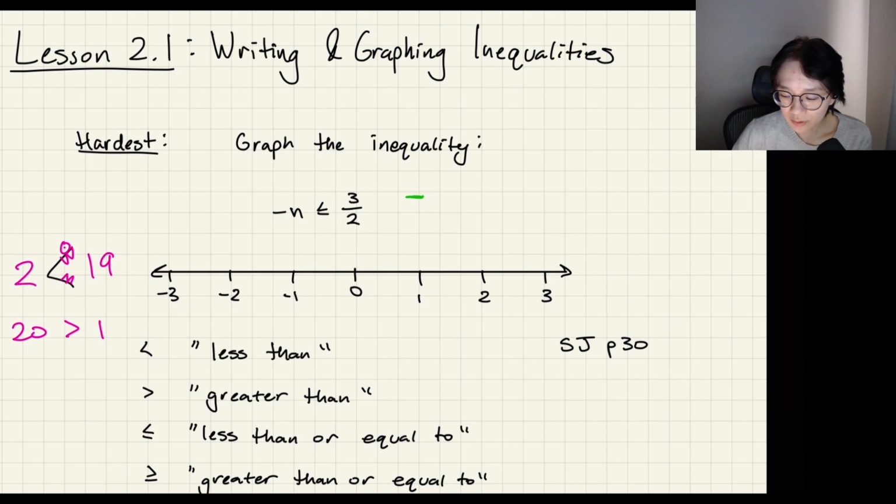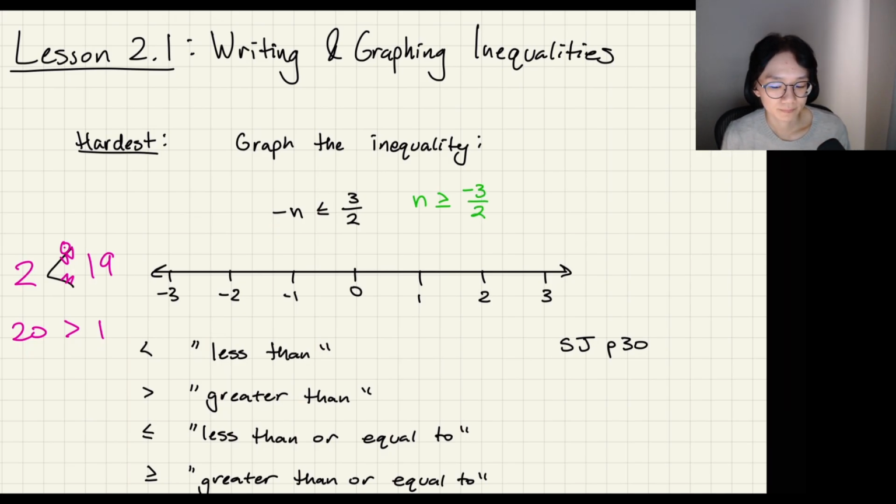I will explain this further in a future lesson, but I will tell you, this is the same thing as n is greater than or equal to -3/2. Why that's the case, like I said, I'll explain in a future lesson, because this was just writing and graphing inequalities. But if you know this, then you can do it from here.